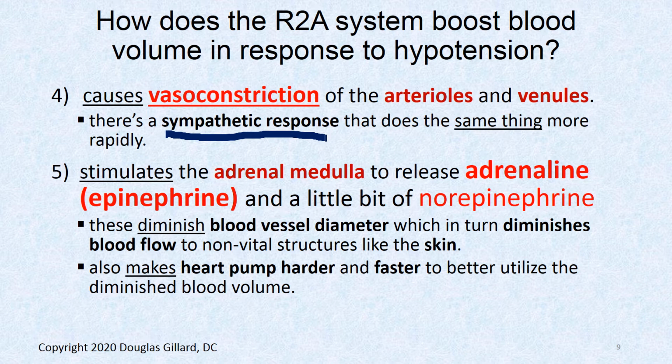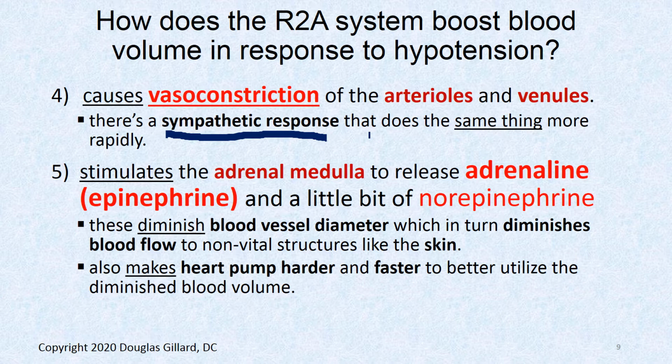It's an emergency thing that fades out after a while. But luckily, because of angiotensin II, we can also get a sustained vasoconstriction after the sympathetic response fades away. The vasoconstriction, mainly by angiotensin II, will continue to keep those arteries in a state of vasoconstriction.